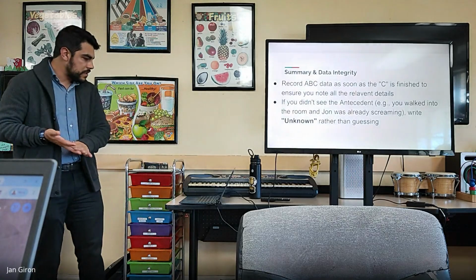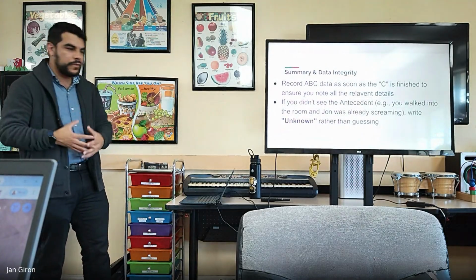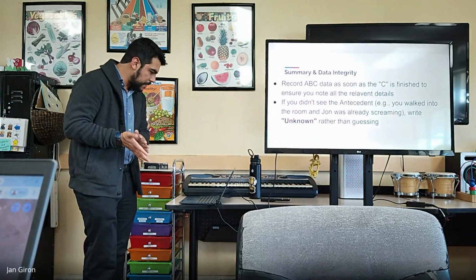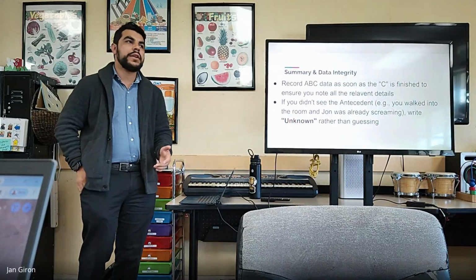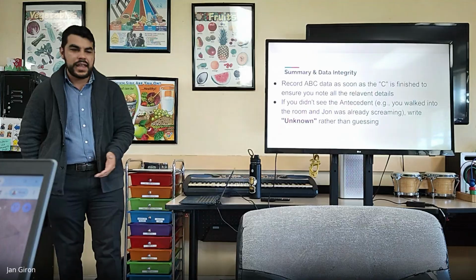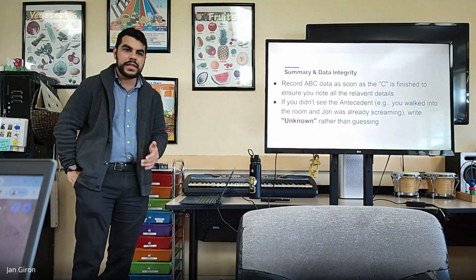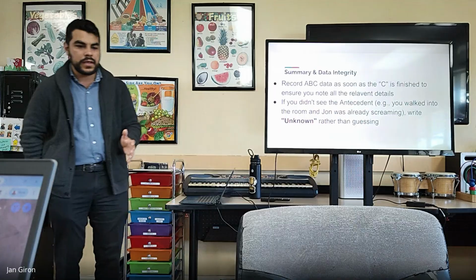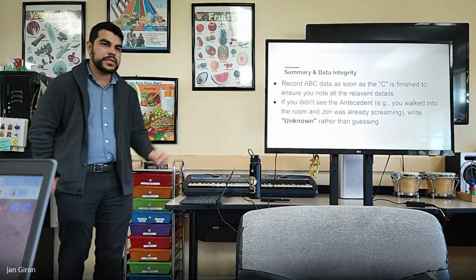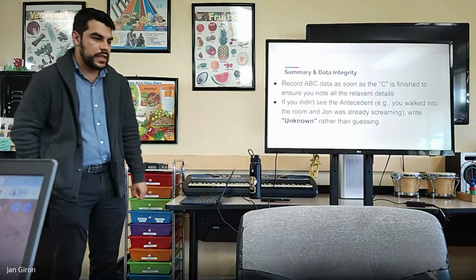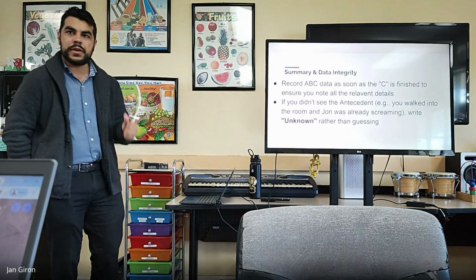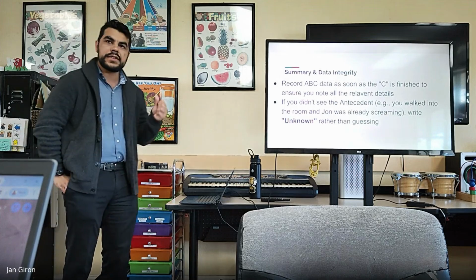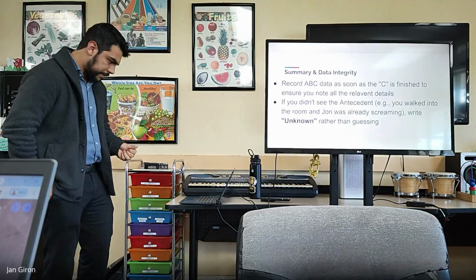Okay, and just to bring the functional assessment to a big summary. Whenever we're reporting ABC data, we want to be able to record the consequence as soon as we can. That way we have all of the information fresh in our minds. We're able to put down all the necessary details. Because again, the more description we're able to give, the more precisely we're able to find and analyze what that function is.